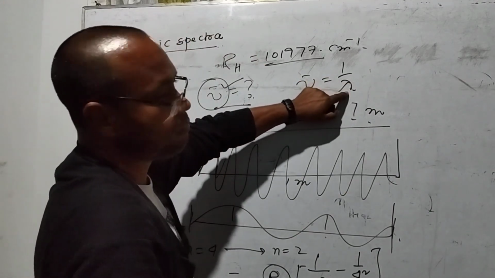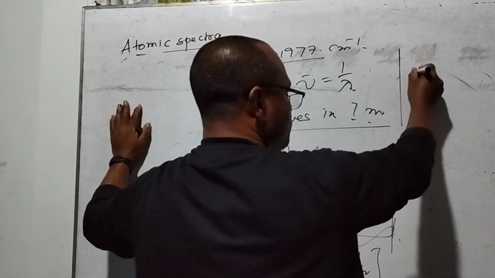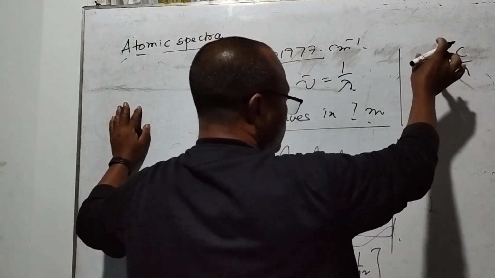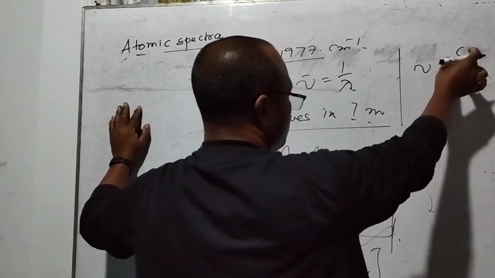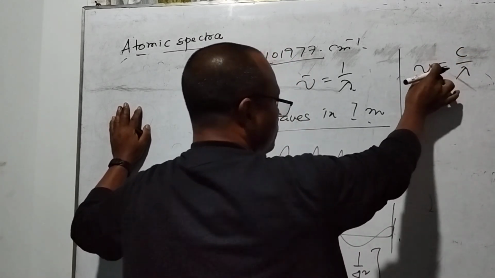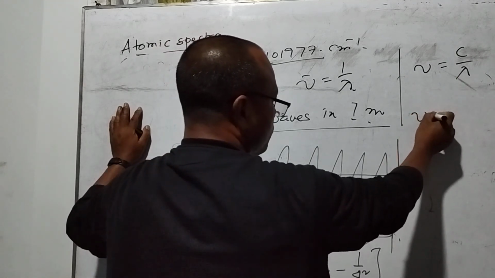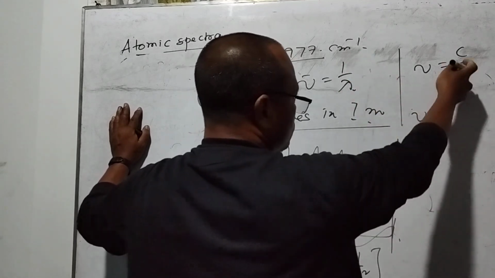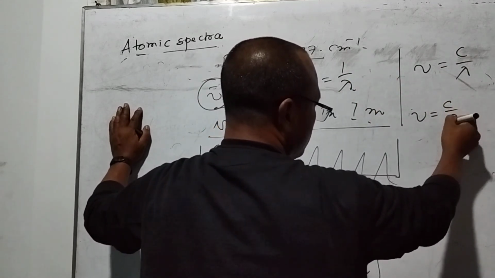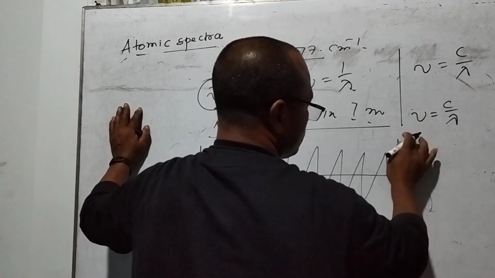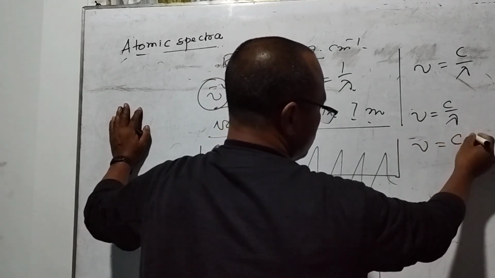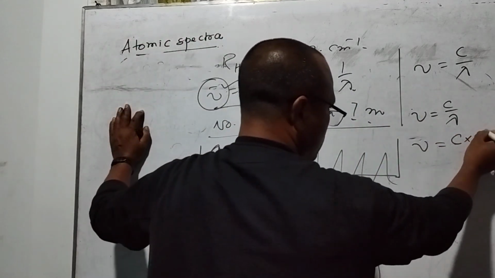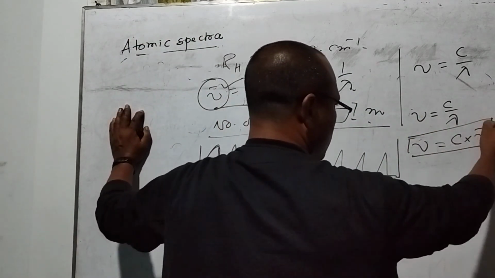If we know the wavelength, we can calculate the frequency also, because c = frequency times lambda. Wave number is 1 by lambda, so frequency is c into the wave number.